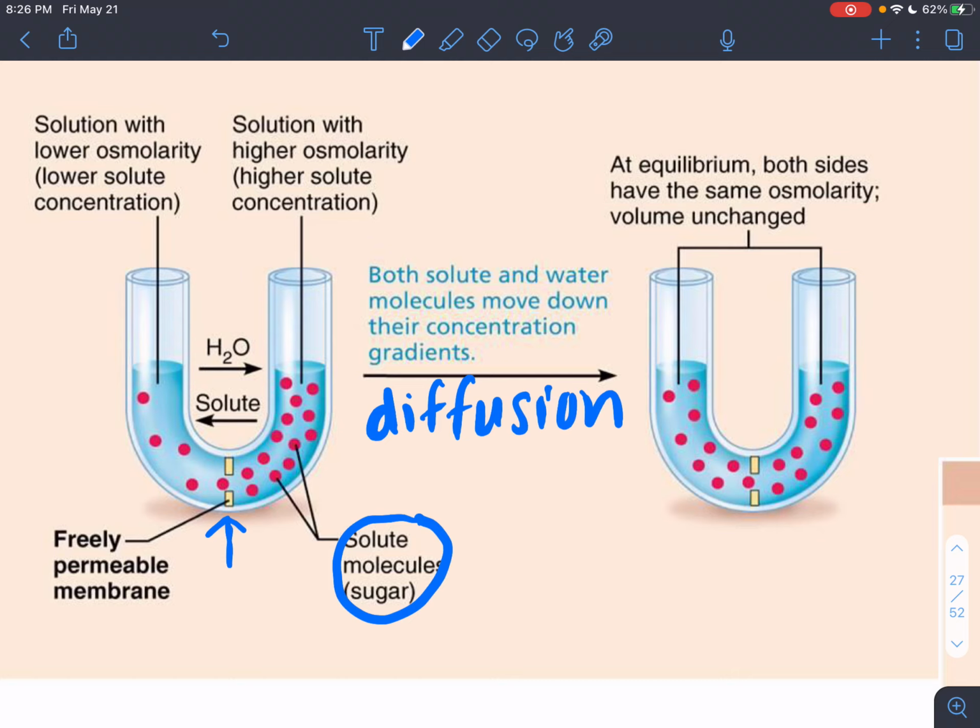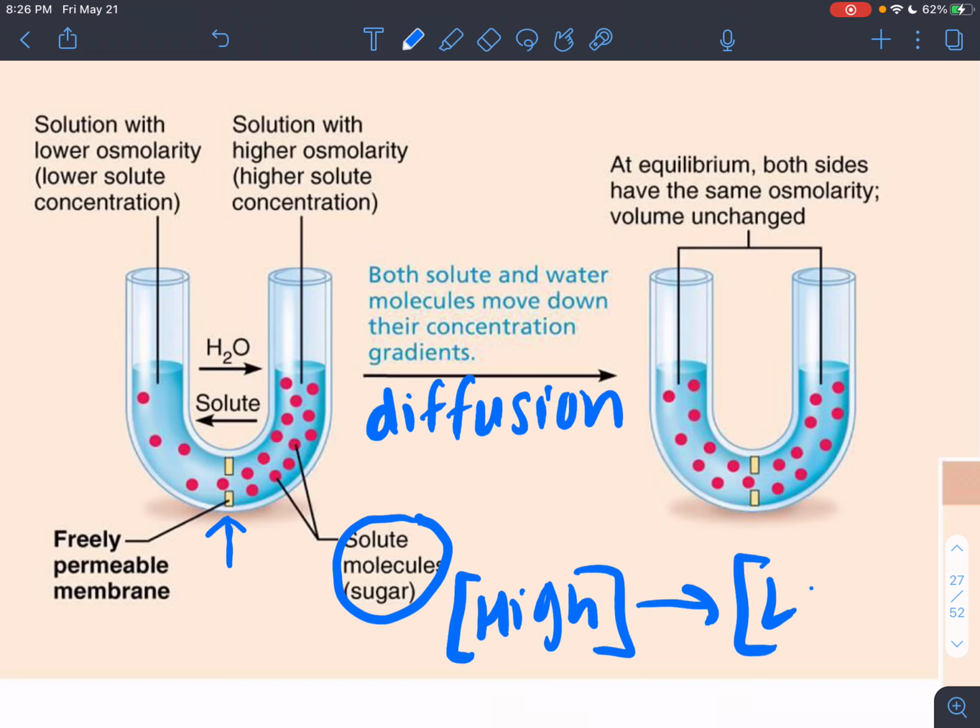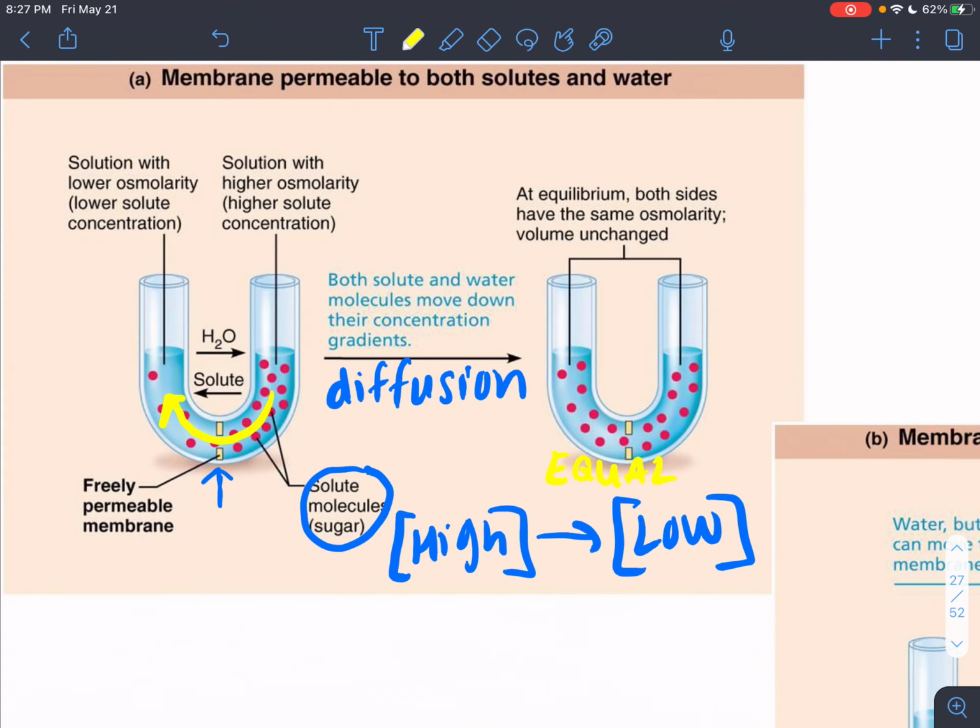The sugar is going to move from areas of high concentration to low concentration, to create an equilibrium. Let's put equal. Okay, equilibrium. So that's just what diffusion is.